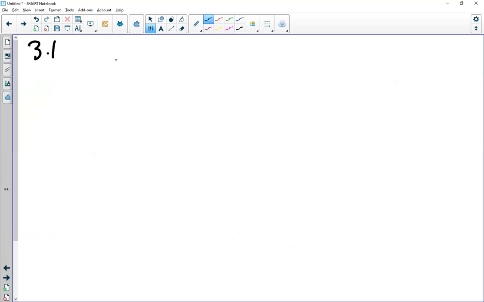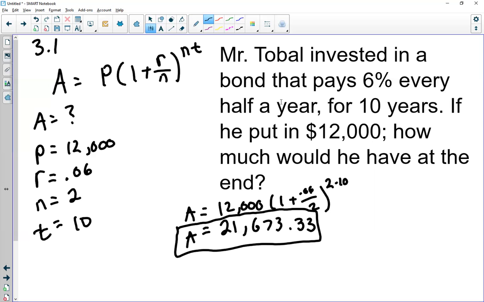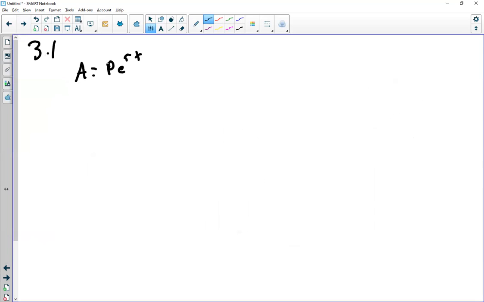Okay. So 3.1, this is the other formula. This is what happens when we do continuous compounding. So this formula is used when you see the words continuous compounding. It's very easy though, so I guess I'll just go over it. What's the E for?